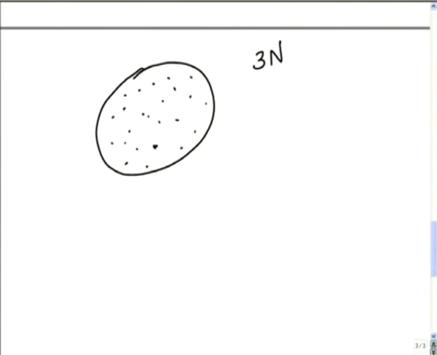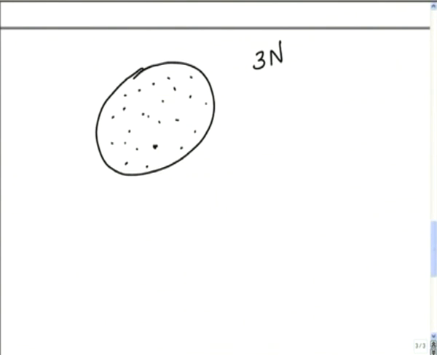However, these coordinates are not independent, they are related. Why? Because in the rigid body, the distance between two particles is fixed. So one particle is connected to the other n minus 1 particles. Thus we write n minus 1 equations relating the coordinates and distance. Similarly, for the second particle, we can write n minus 2 equations, since the equation relating this and the first particle has already been written.